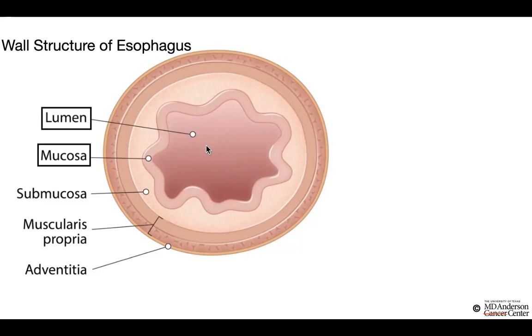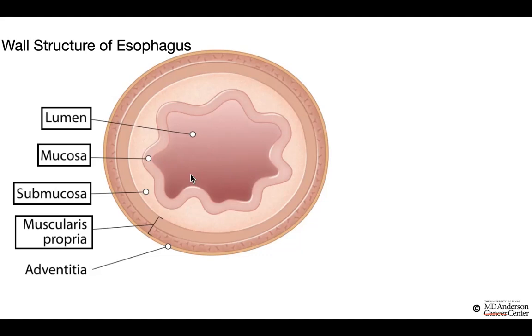The lining of the esophagus, the mucosa, is the innermost layer, and that sits on a cushion of connective tissue that has lots of blood vessels, lymphatics, as well as nerves. And then a muscular layer or muscularis propria with an inner circular muscle and an outer longitudinal muscle.